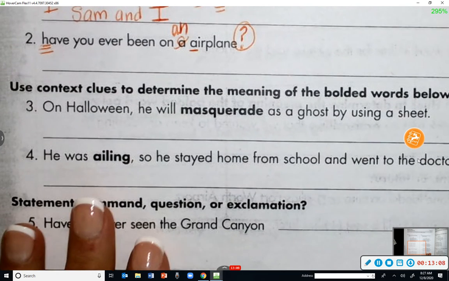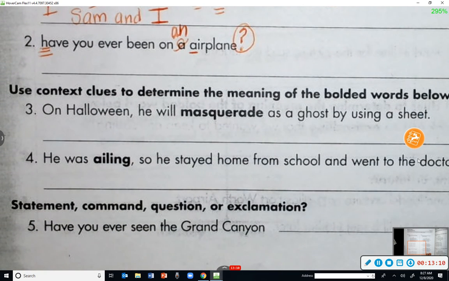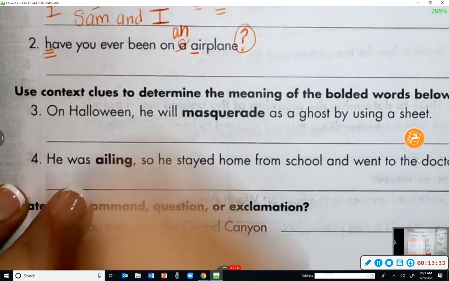Okay, the second 2, 3, and 4, you have to use context clues to determine the meaning of the bolded words. On Halloween, he will masquerade as a ghost by using a sheet. Masquerade. What does it mean, Kelsey? To dress. Okay. Dress up.